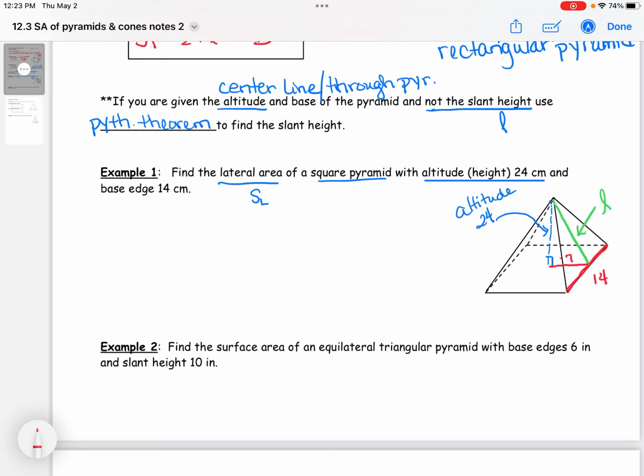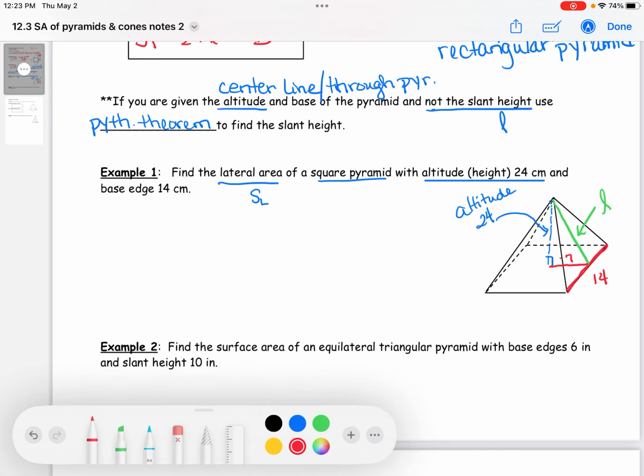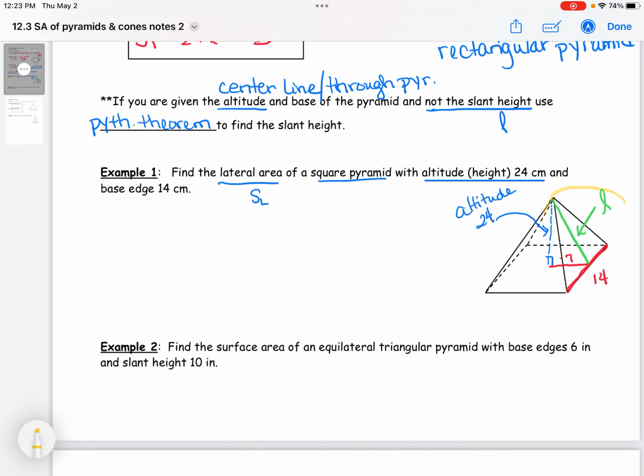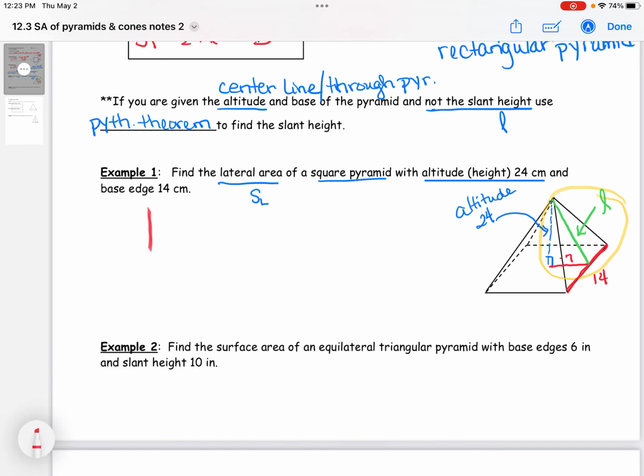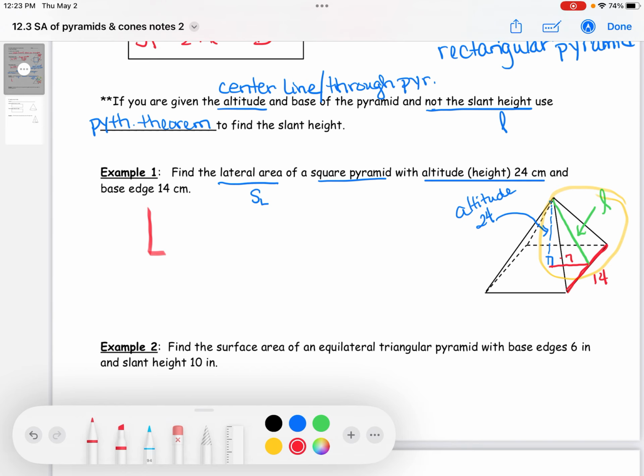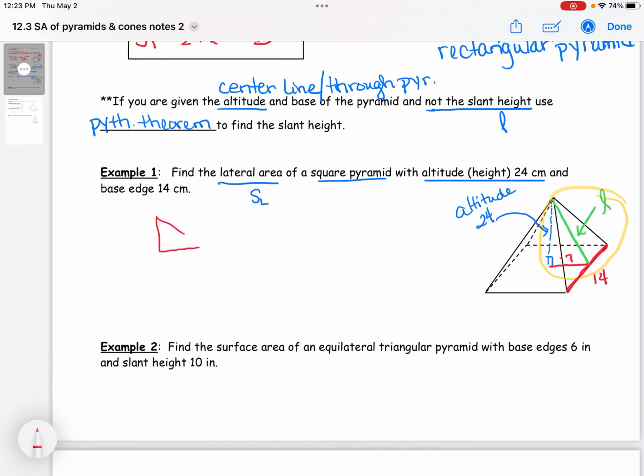So I'm taking this little triangle right here, and I'm going to put it over here. So that's the slant height, that's the altitude, and this is half the base.